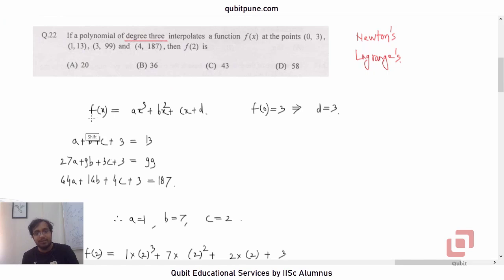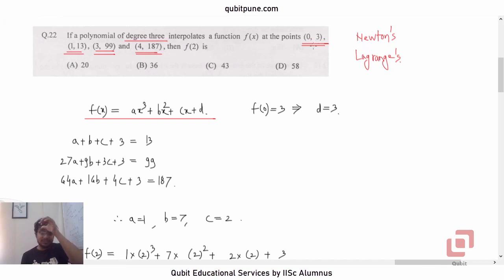So let it be of the form ax cube plus bx squared plus cx plus d, and we need to find a, b, c, d, and for that we have 4 points: 0, 3; 1, 13; 3, 99; and 4, 187. Now the thing is, at 0 it is 3, correct?